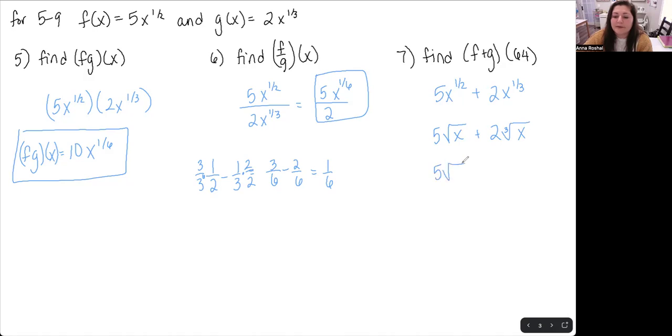That's going to be 5 root 64 plus 2 cube root 64. Square root of 64 is 8, so 5 times 8, plus cube root of 64 is 4, so 2 times 4. So 40 plus 8 is 48. Ta-da! Final answer.